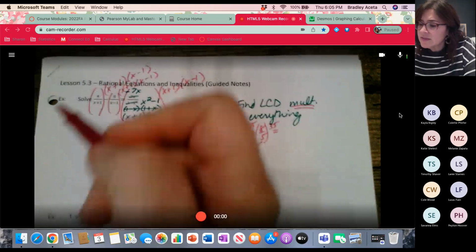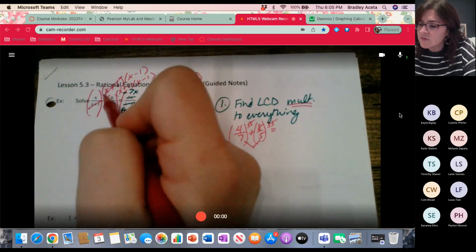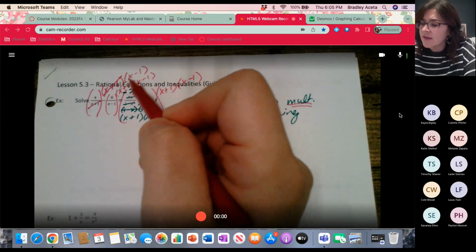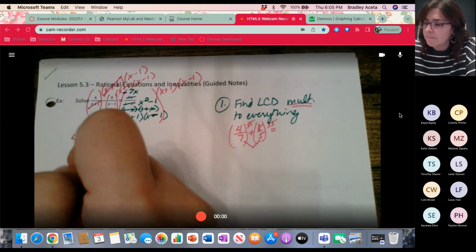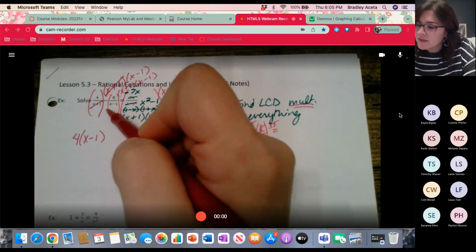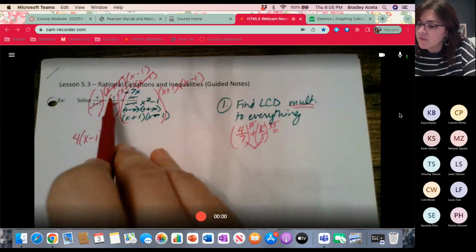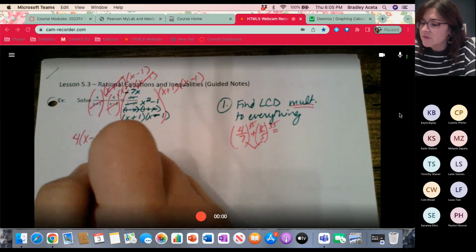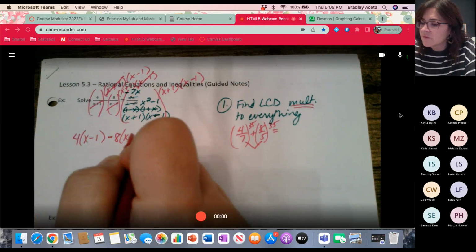So what happens is the x plus 1 cancels with the x plus 1 there, and you're left with the 4 and the x minus 1. And then this x minus 1 cancels with this x minus 1, and you're left with the 8 and the x plus 1. And don't forget the minus that's in between. So minus 8 times x plus 1.